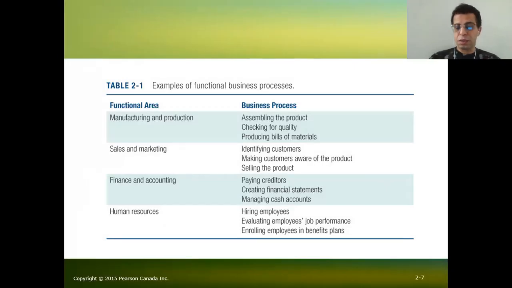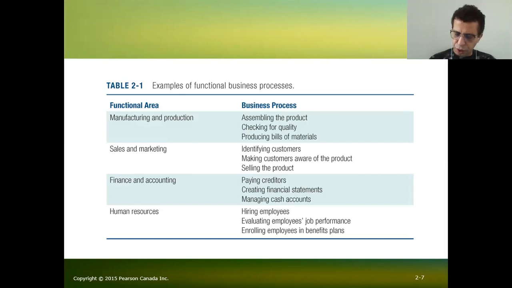Examples of business processes. We can talk in the field of manufacturing, for example, about assembling the product.